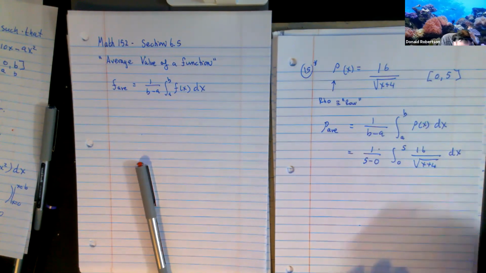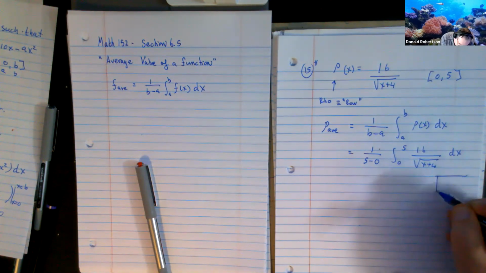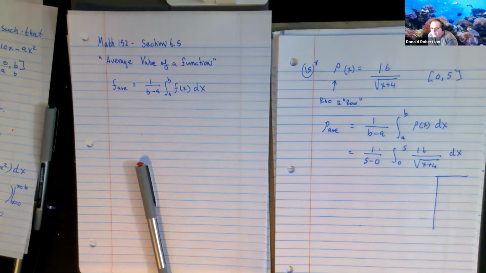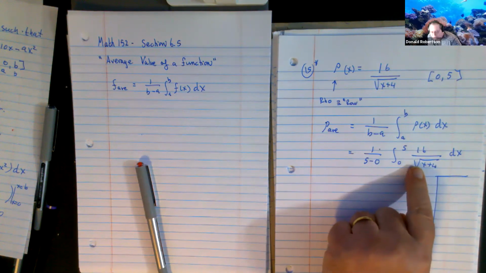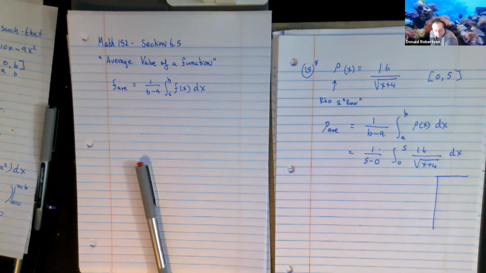I'm going to help just a little bit more. What strategy can we use to integrate 16 over the square root of x add 4? What method?